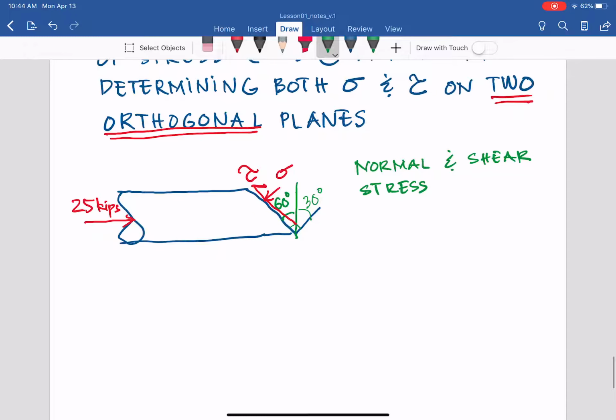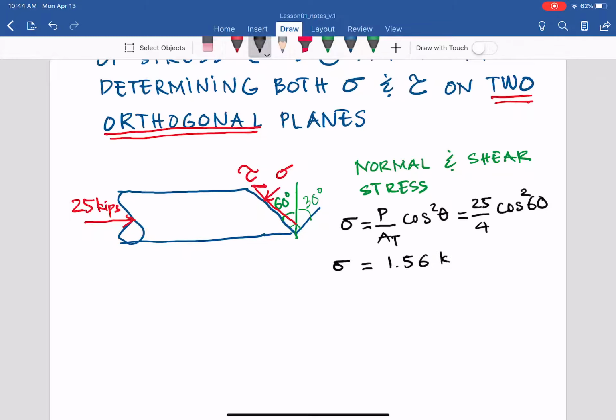Now theta is 60 degrees, so sigma equals P over A_T cosine squared theta, which is 25 over 4 cosine squared 60 degrees. From that we have sigma for that cut equal to 1.56 ksi, still in compression.